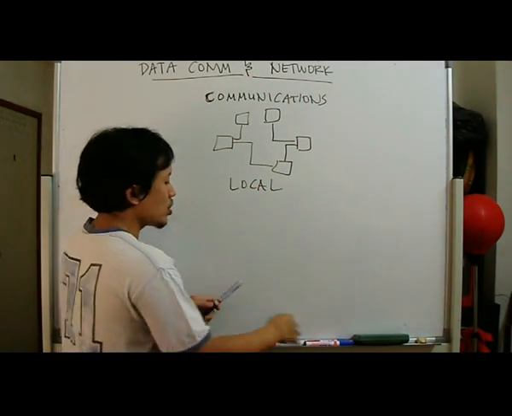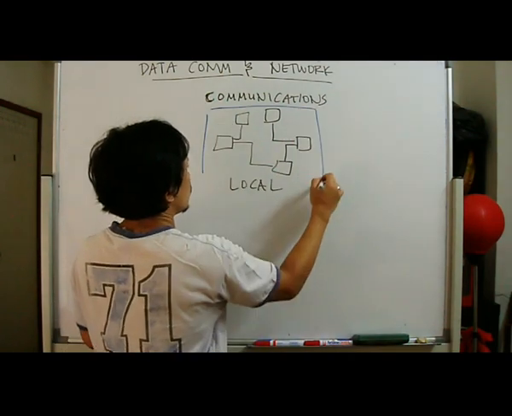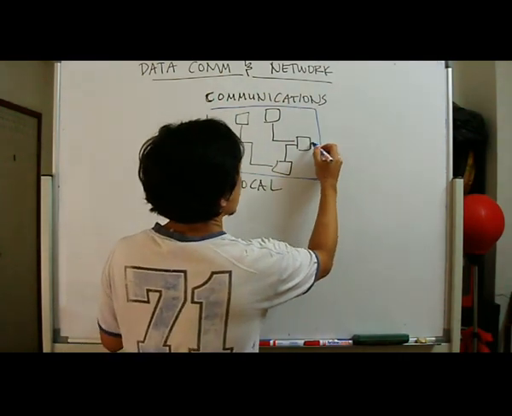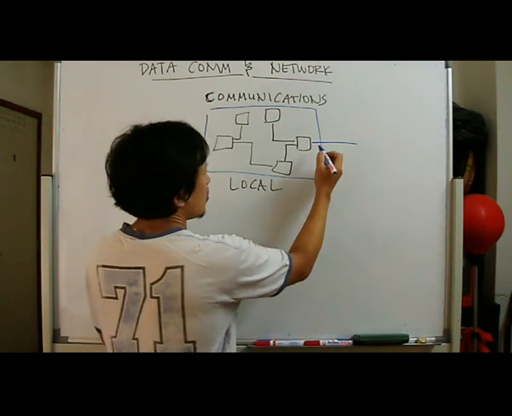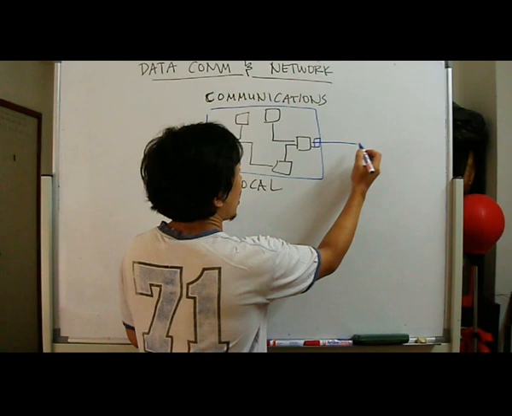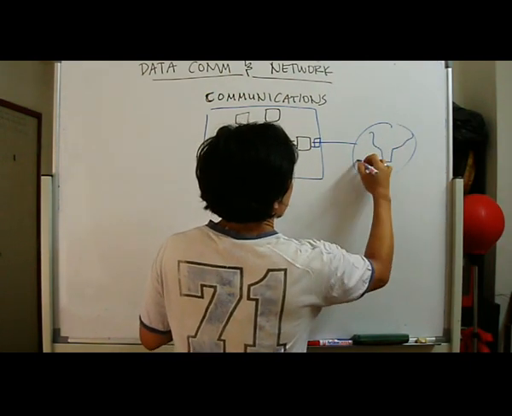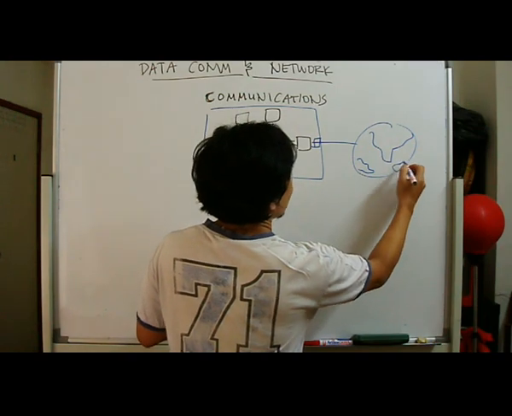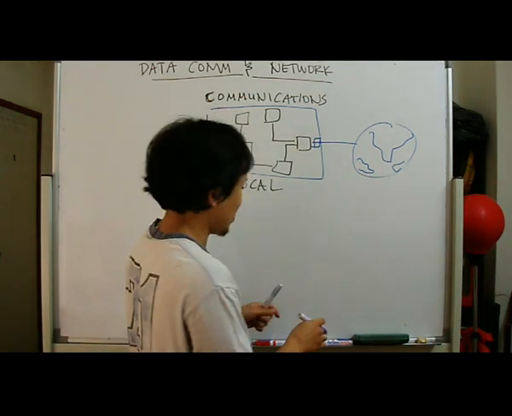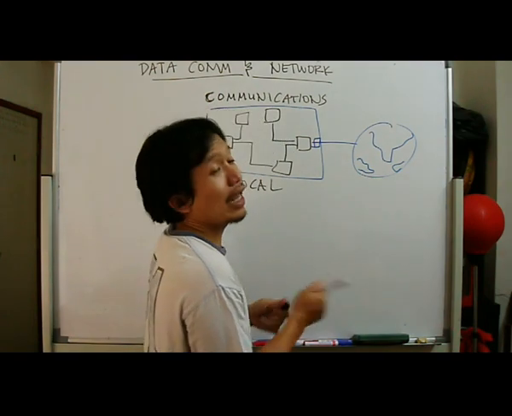Once your small network connects to other networks outside, right? Maybe you have some kind of a router or modem here, and you connect to the outside world, right? So I'm just drawing the picture of the earth here, right? And this is what we call telecommunications.